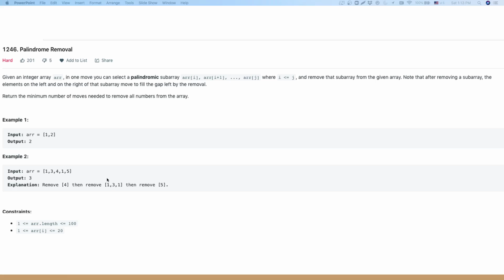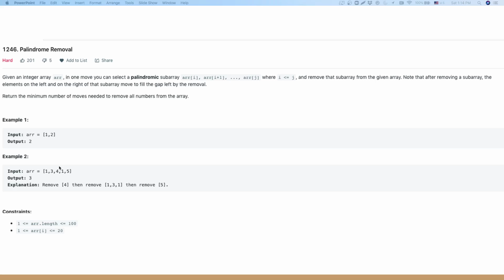This is actually very similar to the strange printer. So if you think about it, every time we need to find a worst case. So what is the worst case in this case? The worst case is every single number in this nums cannot be formed as a palindrome.